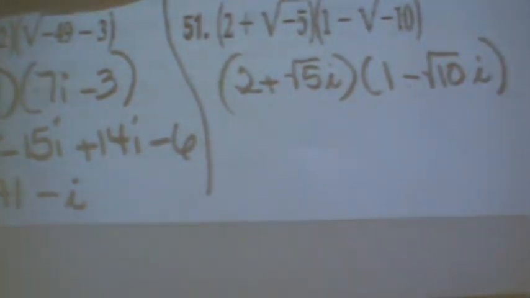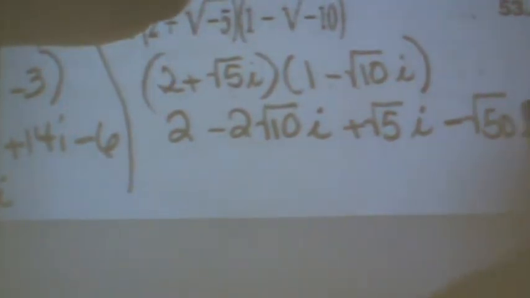51, you're going to rewrite these two. This is 2 plus root 5i times 1 minus root 10i. 2 times 1 is 2. 2 times negative root 10i is negative 2 root 10i plus root 5i, and then this is going to be negative root 50i squared.